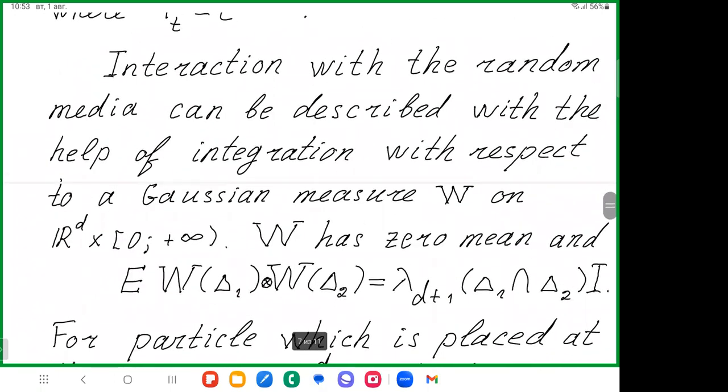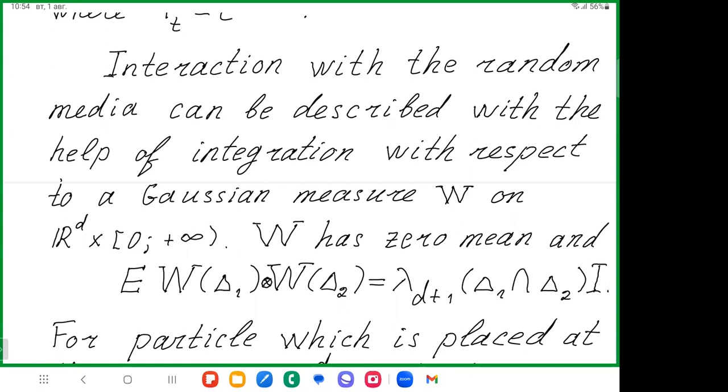The interaction with the random media can be described with the help of integration with respect to a Gaussian measure W on, you see here, the product R^d and time [0, +infinity).